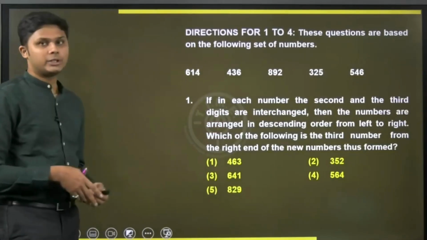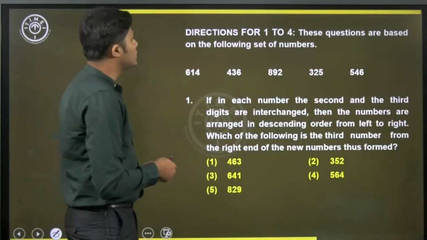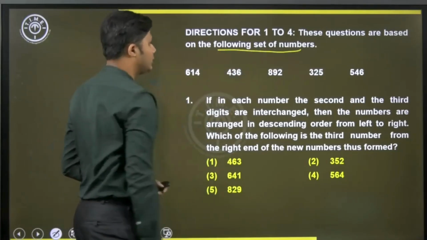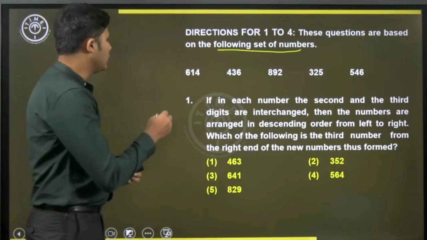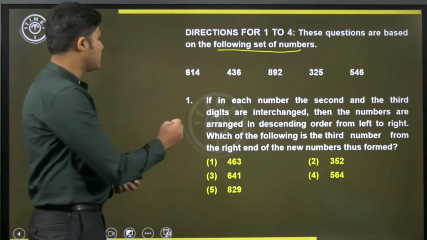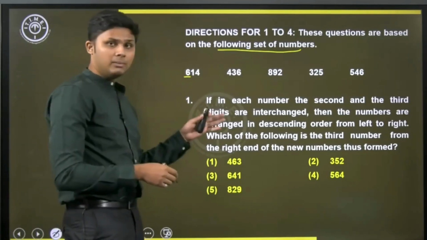Now moving on to the question, directions for 1 to 4. These questions are based on the following set of numbers. One thing which you have to remember is the position of digits in a number.